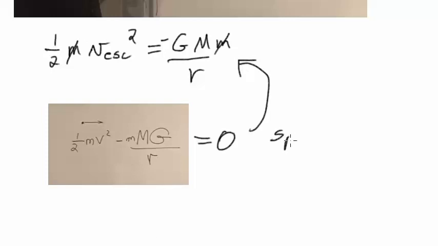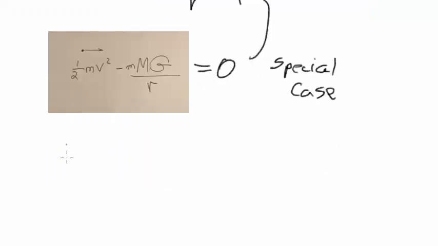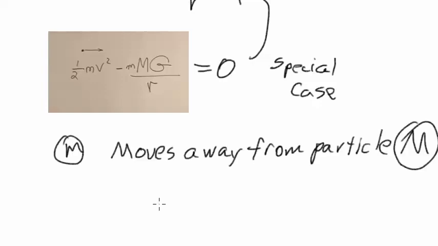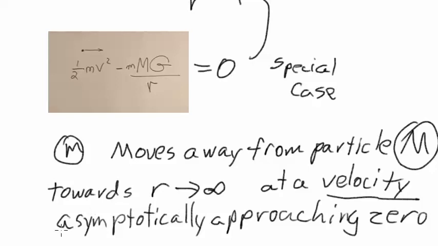Now, this is a special case, though. It represents a situation where the particle m moves away from particle m towards r approaches infinity at a velocity asymptotically approaching 0. In that example, the universe is at a critical point.